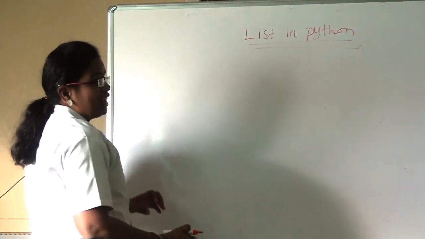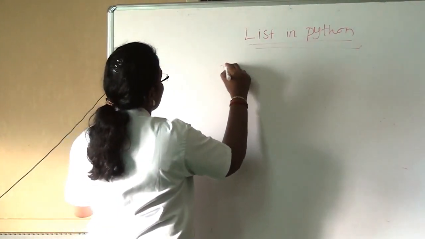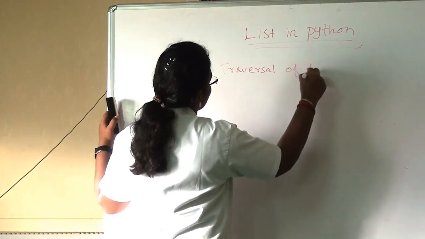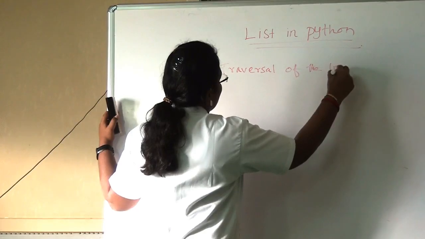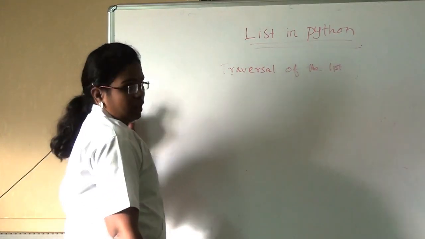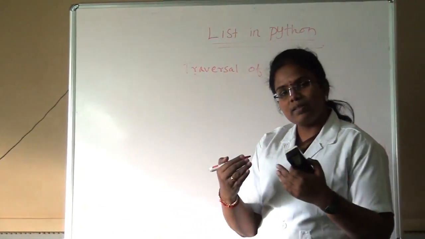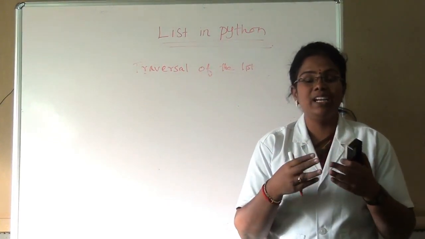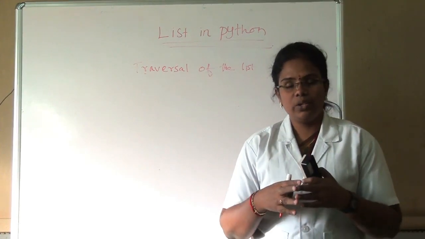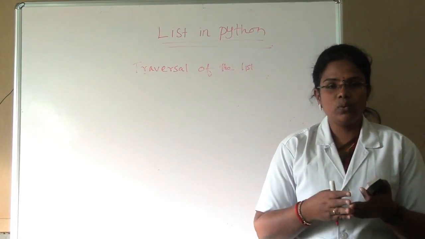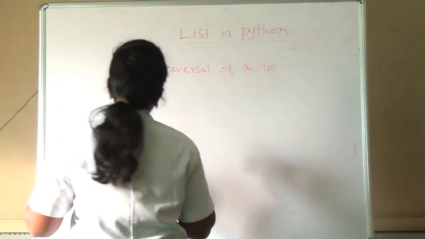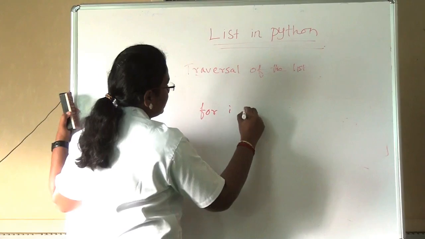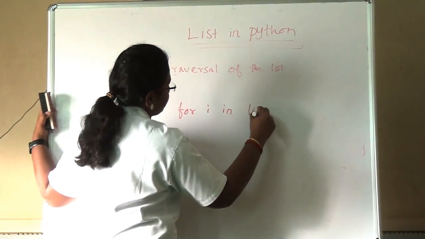Next one is traversal of the list. Up to this, we have seen fetching individual elements and groups of elements. If I want to fetch or print the individual elements, like with arrays, you can print them by using a for loop. The syntax of the for loop is: for iterating element in list name.